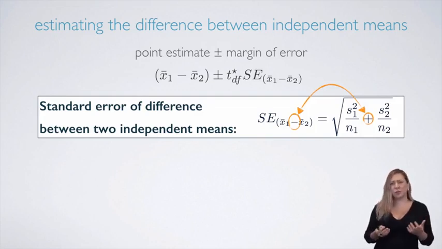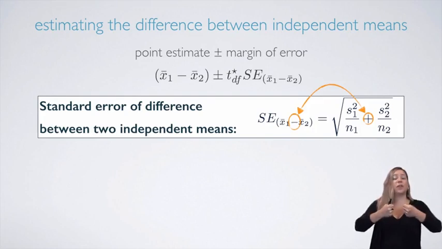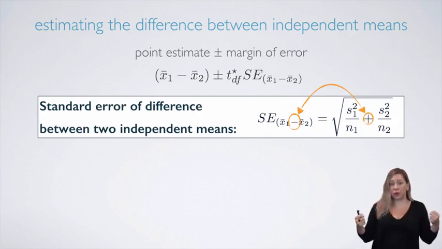This is not simple to prove mathematically with only the tools we've learned in this course so far, but conceptually you can think about it as bringing together two measures with an inherent variability around them. These are two sample means. When you bring two unknowns together, the result should always be more variable, regardless of whether you're adding them or subtracting them.